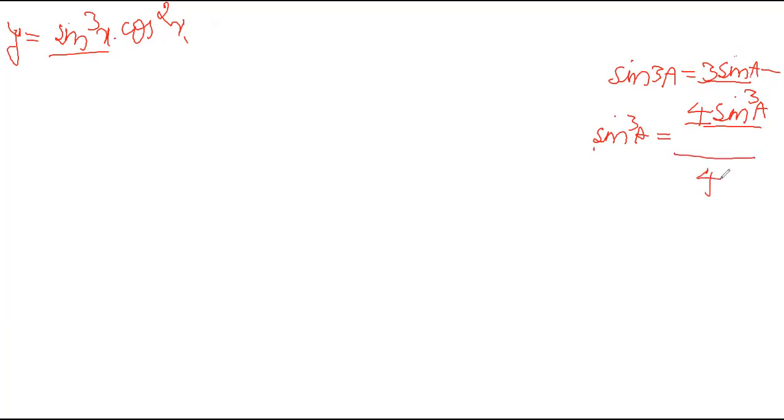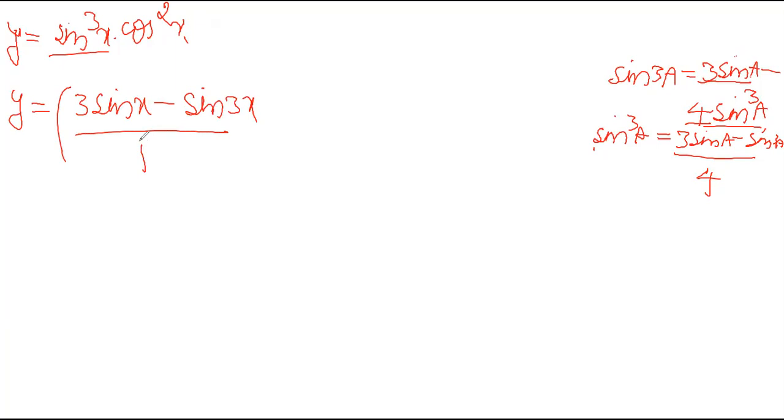That is sin cube a equals 3 sin a minus sin 3a, divided by 4. I apply here 3 sin x minus sin 3x. Then y is equal to 3 sin x minus sin 3x divided by 4.